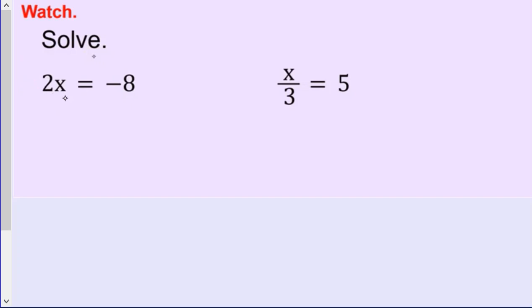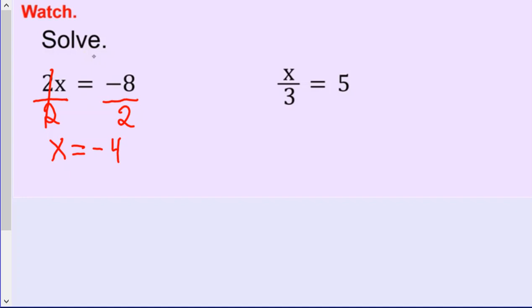When we divide by 2, the 2's are going to cancel, so we're going to be left with just x on this side, and x equals negative 8 divided by 2, which is negative 4.